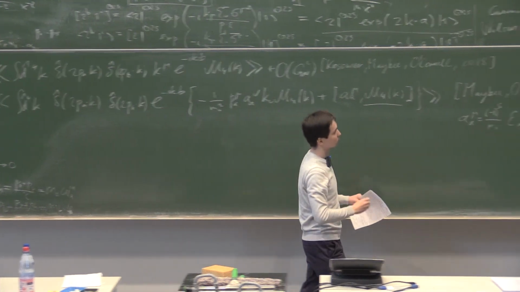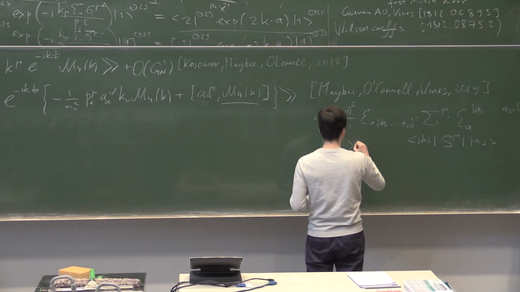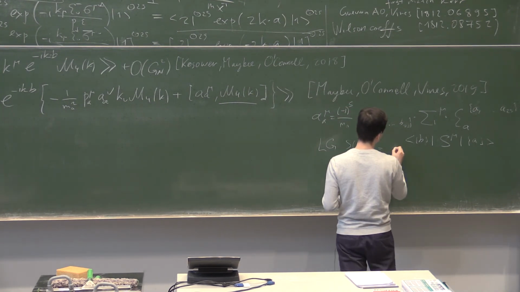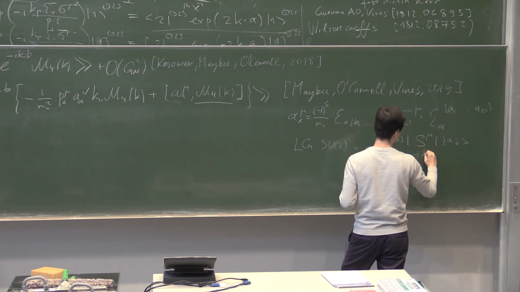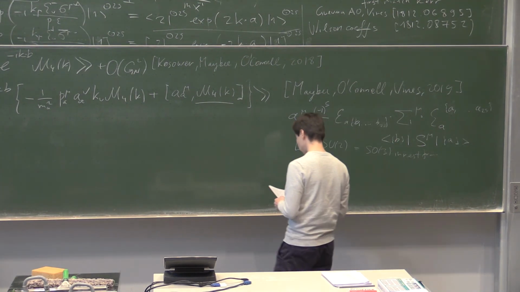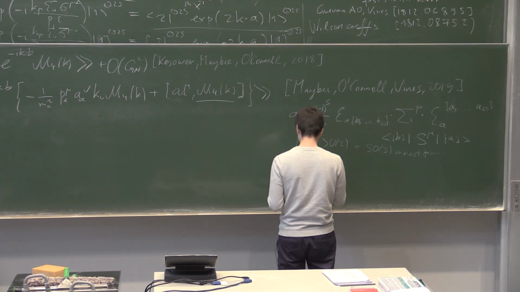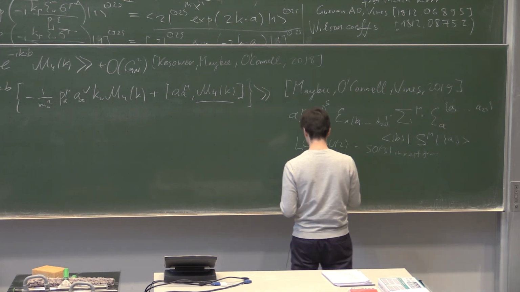Well, let me still write it here. So little group, which is SU(2). Now, at the same time, it's SO(3) in the rest frame, up to the double cover issue. And there is an algebra that they have to obey.